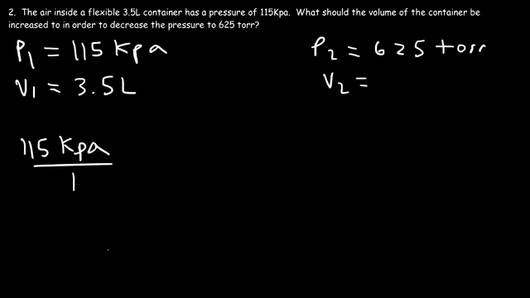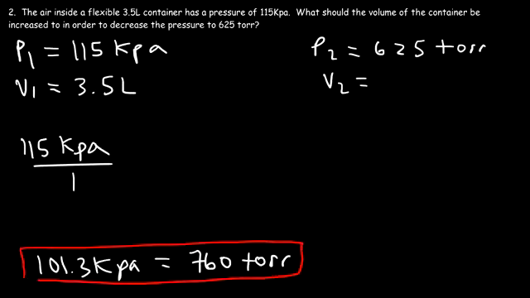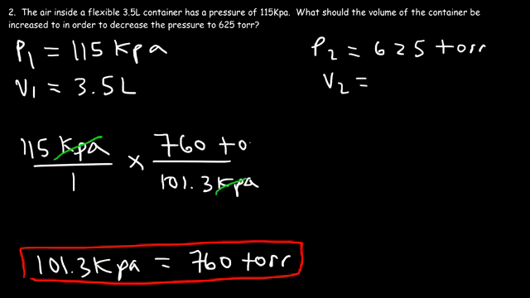So we need to know the conversion between kPa and torr. 101.3 kPa is equal to 1 atmosphere, which in turn is equal to 760 torr. So this is the conversion factor that we need. I'm going to put 101.3 kPa on the bottom in order that the units kPa will cancel, and I'm going to put 760 torr on top.